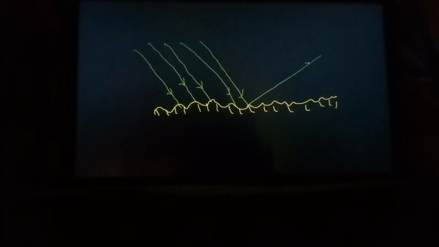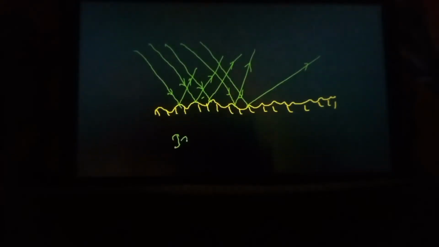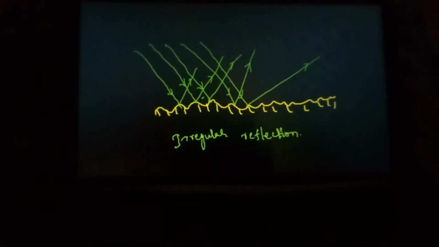The reflected light rays will move in different directions. This type of reflection is called irregular reflection. Regular reflection takes place on a smooth surface, but irregular reflection takes place on a rough surface.